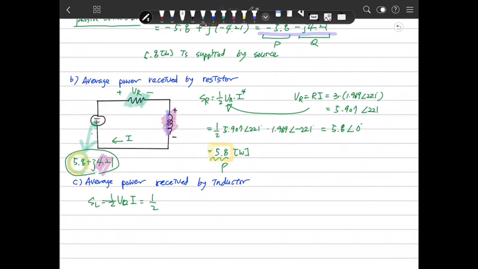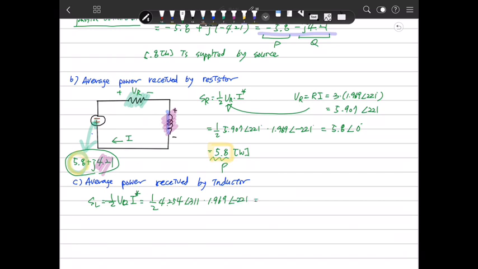VL is 4.254 at 311 degrees, and the current conjugate is 1.969 at minus 221 degrees.